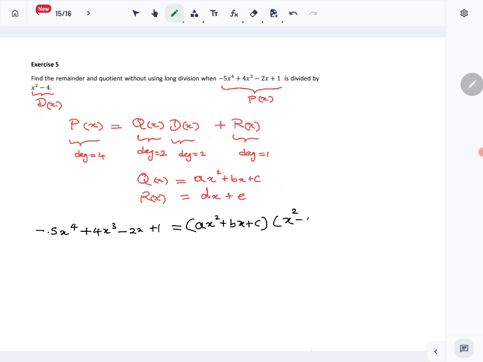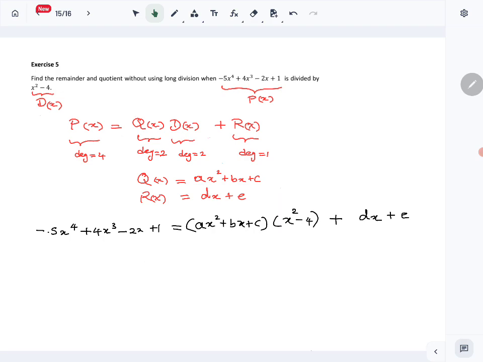So then (x squared minus 4) times the divisor plus the remainder. Remainder is what? dx plus e, right? Because it's a degree 1 polynomial, one less than the divisor. Now this is the equating polynomials method, so then you can find a, b, c, d and e, right? So that is how you do this type of question without using long division.